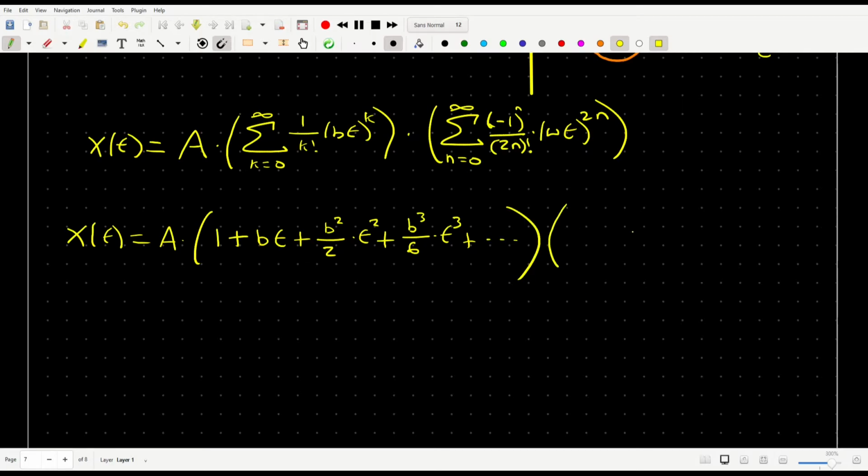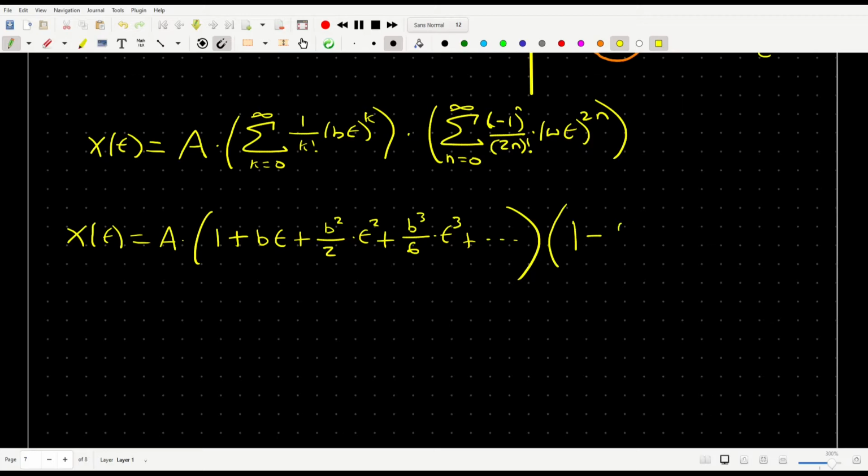And then this series right here, when n equals 0, you're going to have negative 1 to the 0 over 0 factorial times this to the 0, which is 1. And then you're going to have negative 1 to the n, or negative 1 to the 1, so it's going to be negative 1 over 2 times 1 factorial, which is 2.